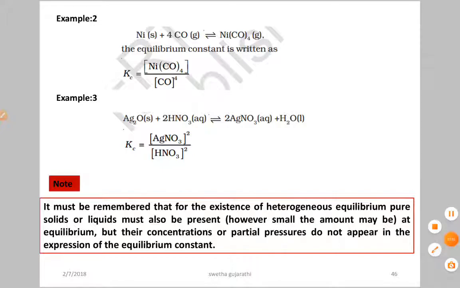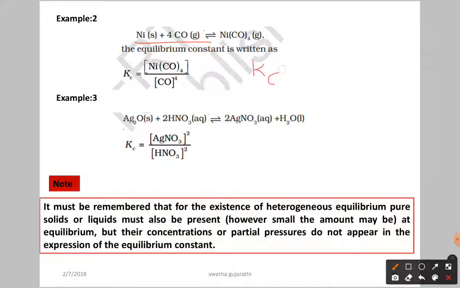Let us see another example. Nickel reacts with 4 moles of carbon monoxide to give nickel tetracarbonyl. Again, how are you going to write the equilibrium expression Kc? These are my products and these are my reactants.